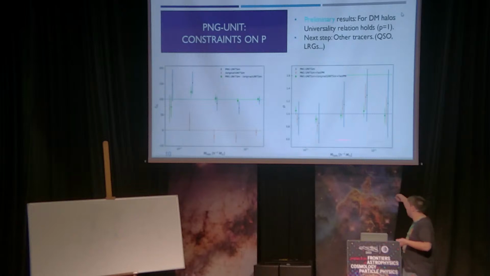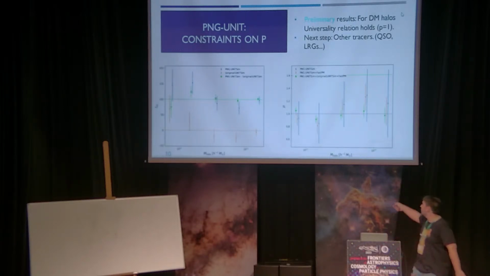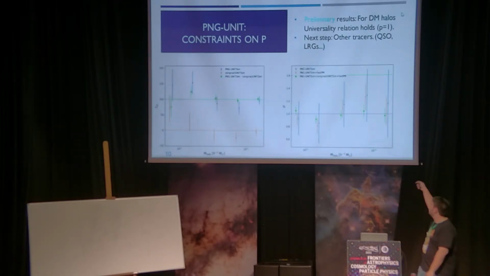And this is what I show in this plot. For dark matter halos, we show in blue the standard error bars, in orange the error bars derived from the fast PM, and in green the results using the correlations. The next step is to apply this same pipeline to other tracers such as quasars and LRGs.